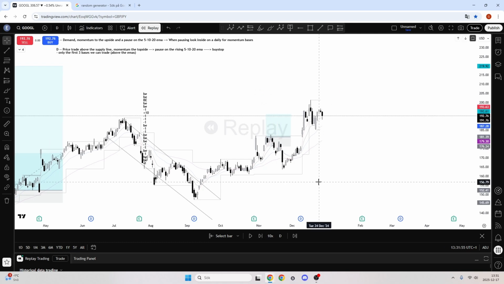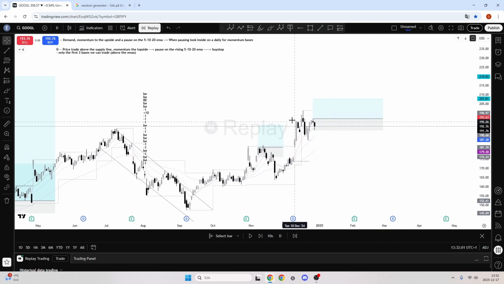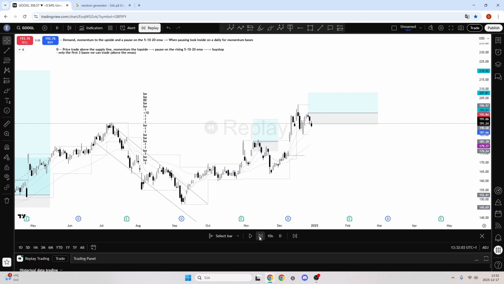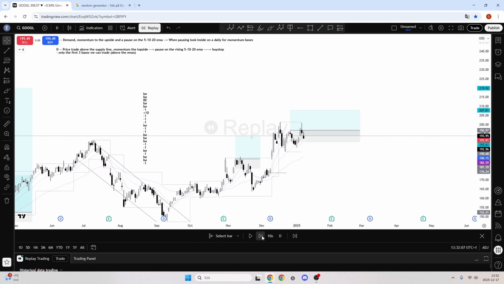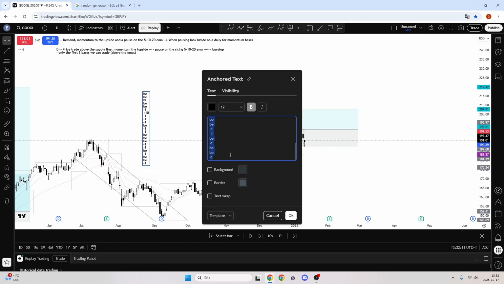So let's see a pause here. I would take that. This is our maybe first and second base. Kind of the last chance here, I think. I would probably not take it, but let's record it.